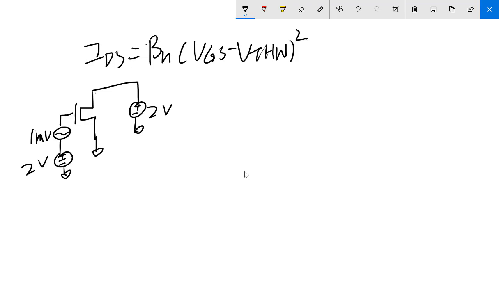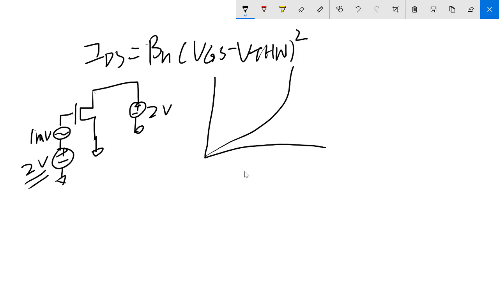Because this DC voltage will set up the DC operating point for the NMOS, when you add a little AC voltage to the gate, it's going to oscillate the voltage, and at the same time it's getting a gain for the current.